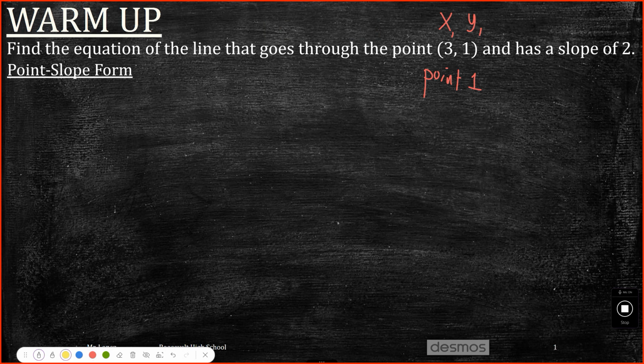This is one that will come up a lot. y minus y1 equals m, which is the slope, times x minus x1. That is called point slope form of the equation of a line.